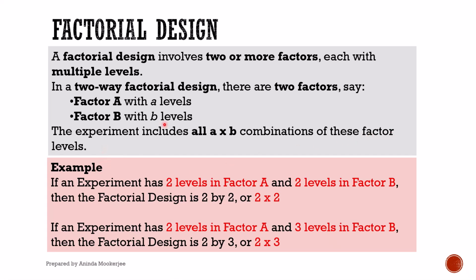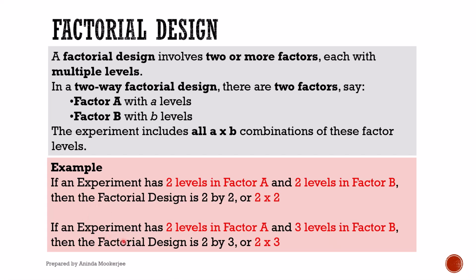So when we are asked to describe a factorial design of an experiment, we have to look at the levels within each factor. If an experiment has two levels in factor A and two levels in factor B, then the factorial design is described as a 2 by 2 design. 2 times 2 design, and that will also tell us that there are going to be 4 cells in the experimental design.